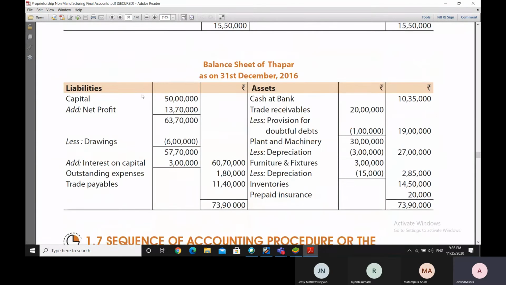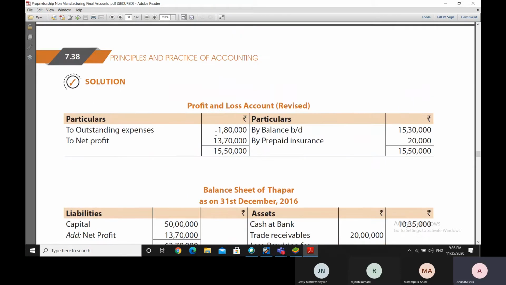So interest on capital is being added here. Is the interest being paid on the capital, so therefore it adds to the capital account. And then outstanding expenses to the extent of 1,80,000 have been provided in the balance sheet also, because this amount has been debited to the profit and loss account.